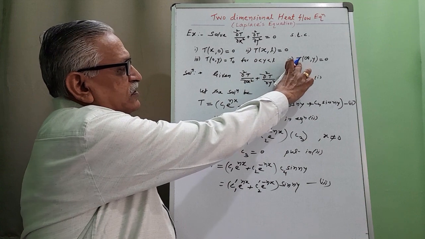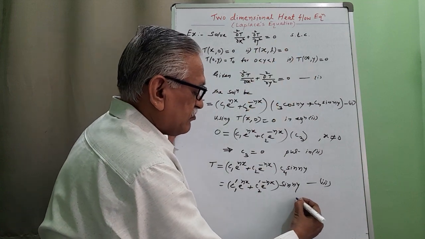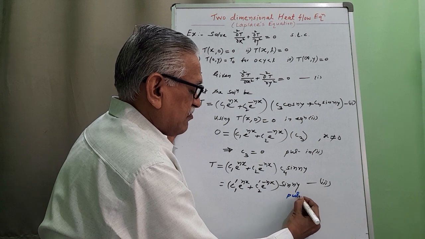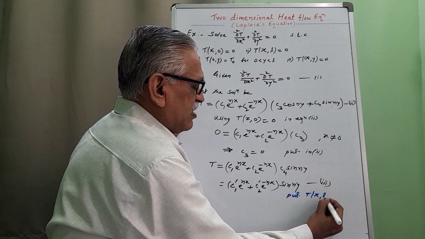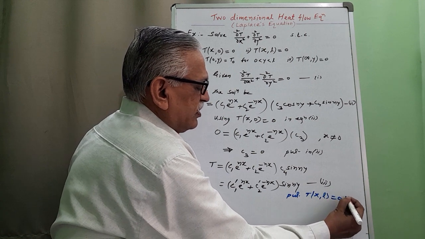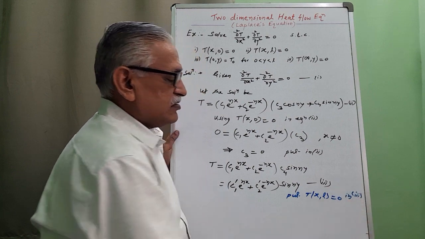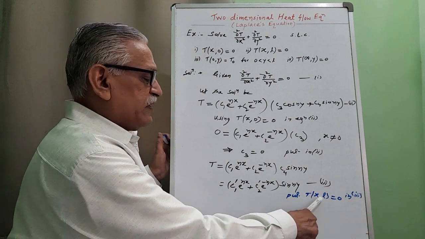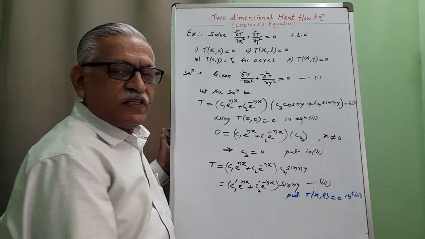In equation 3 we put the second boundary condition, T(x, L) = 0. It means when the value of y is L, for all values of x, the value of T is 0.